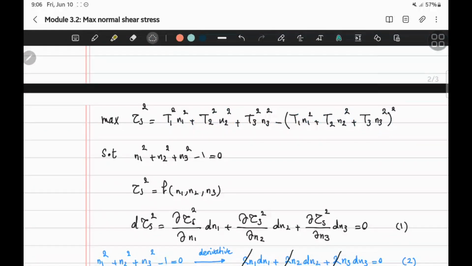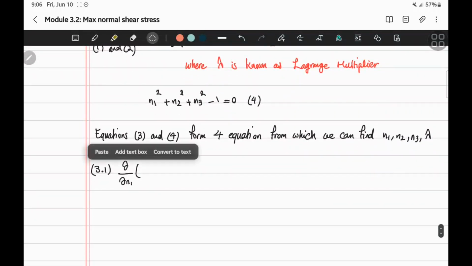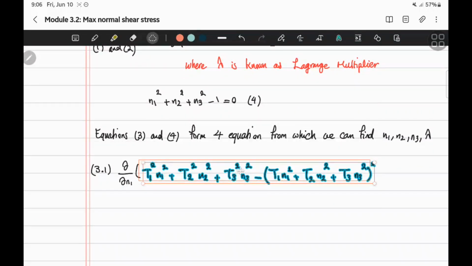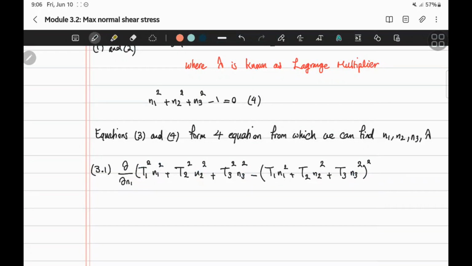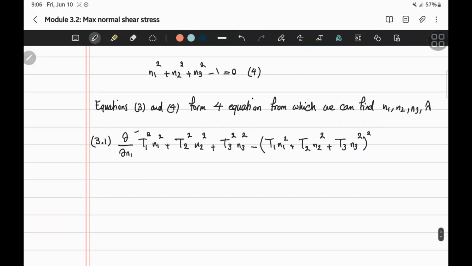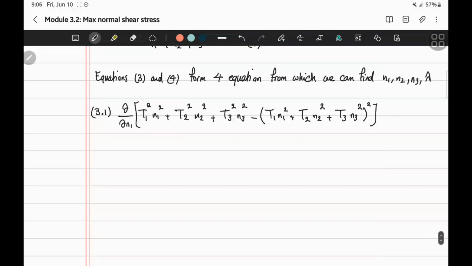So if I copy, paste this in here, this is equal to lambda n1. So if I take the derivative, this expression here becomes 2n1 t1 n1 squared. Then this becomes 0. This is 0 minus.